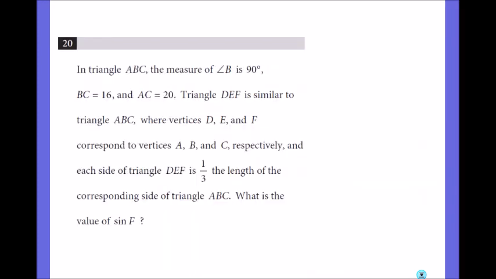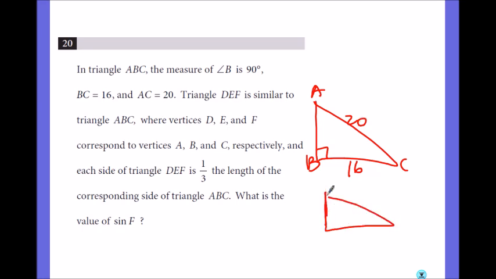Last question. In triangle ABC, the measure of B is 90. So if I have A, B, C, I know B is 90. BC is 16, AC is 20. Triangle DEF is similar to ABC, so it will correspond to the letters.